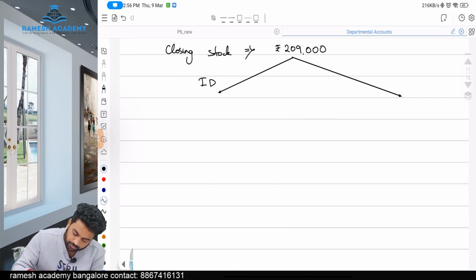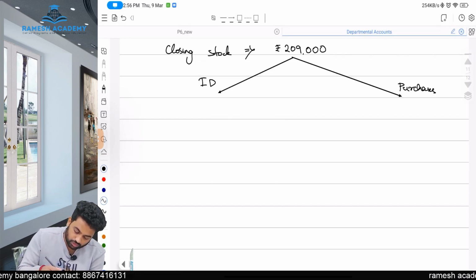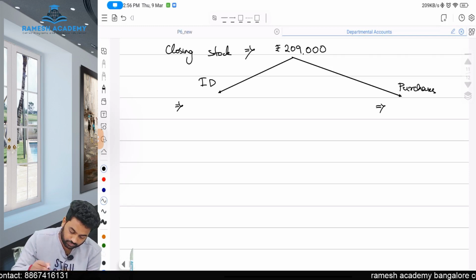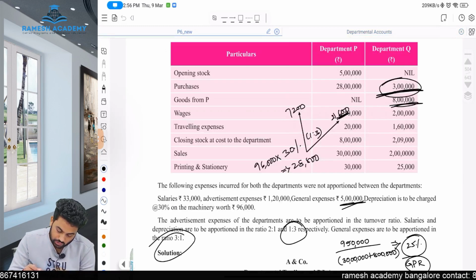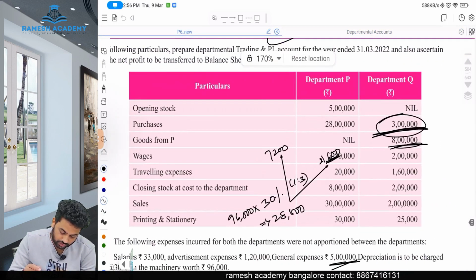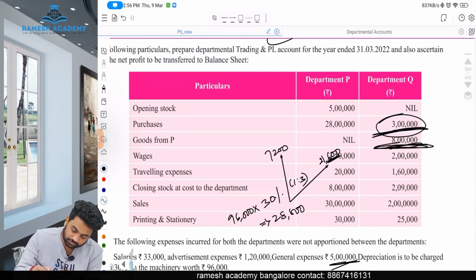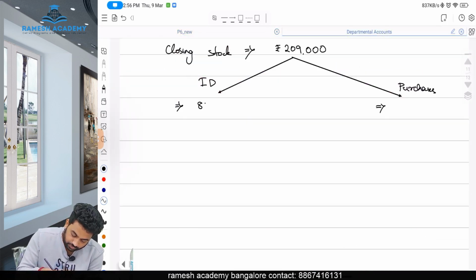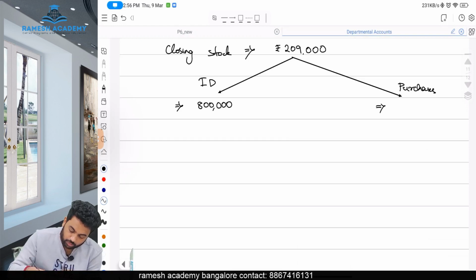So this is interdepartmental, this is purchase. Tell me how much you transferred. Interdepartmental, you transferred 8 lakh rupees. How much did you purchase? You purchased 3 lakh goods.